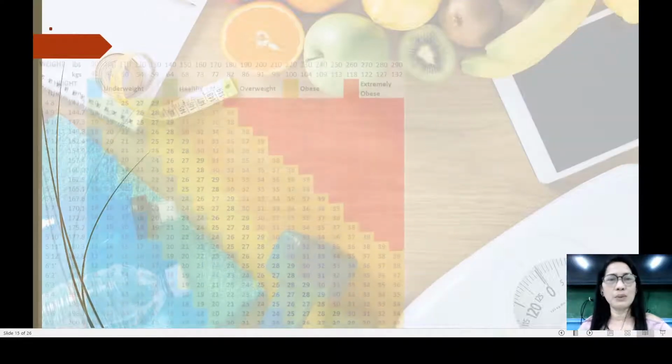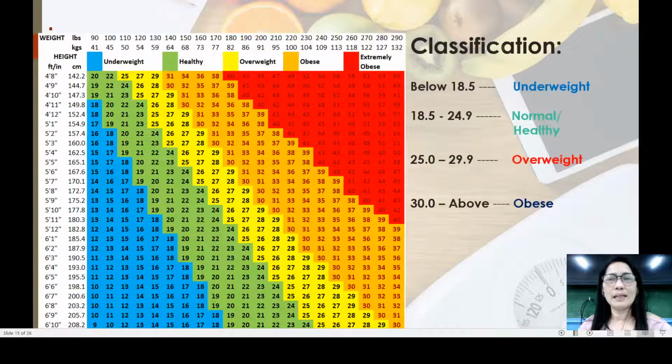I hope so. Okay? So, here is the graph of BMI. Pag sinabing underweight, below 18.5. As you can see in your chart, the blue one is the underweight, and the normal weight or the healthy range is from 18.5 to 24.9.